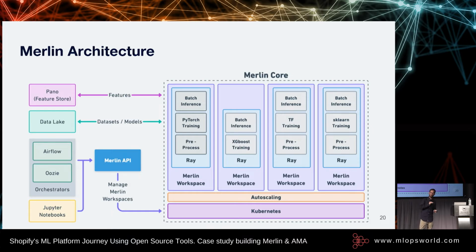And then when we orchestrate the production machine learning workflows from either Airflow or Oozie, they also go through the Merlin API to create the Merlin workspace for their work and to delete it later on. This just shows the fast iterations that can happen between prototyping and production. So the user from a Jupyter notebook can already create that scalable environment, the Ray cluster and Merlin workspace that will later be used in production.